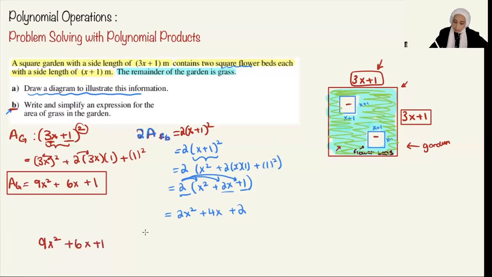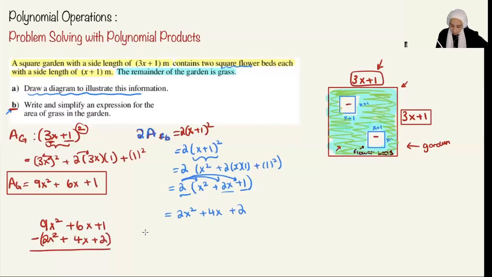And remember, we want to subtract from it the area of the flower bed. So we're going to say subtract 2x squared plus 4x plus 2. Okay, we're subtracting this entire thing. So then I'm going to go 9x squared minus 2x squared. That's 7x squared. 6x minus 4x, that's 2x. And 1 minus 2, that's negative 1.